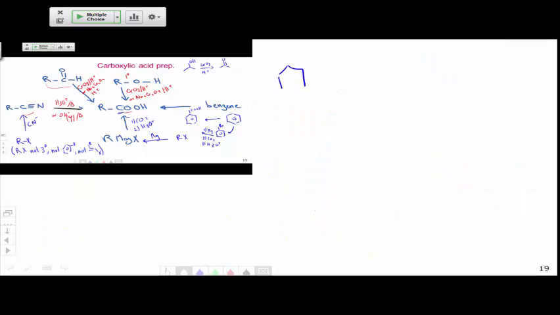I can start with the benzene, do Friedel-Crafts alkylation to have at least one benzylic carbon, then KMnO4, H+, it goes to the benzoic acid.